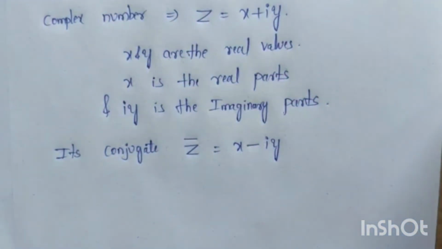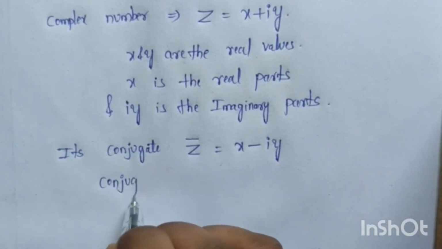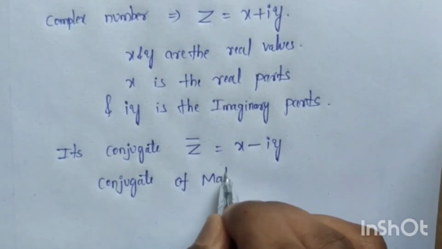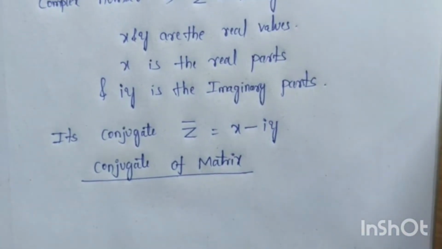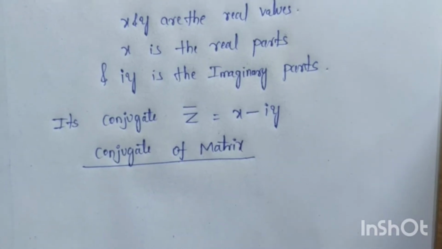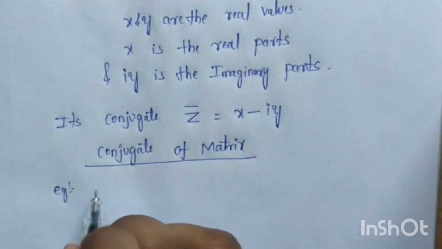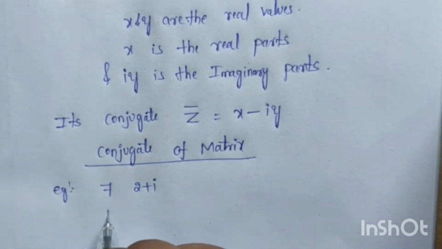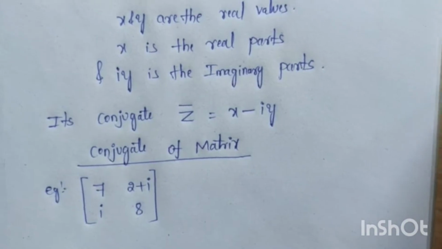Conjugate of a matrix. The complex conjugate of any matrix, for example 7, 2 plus i, 8. It is a 2 cross 2 matrix.